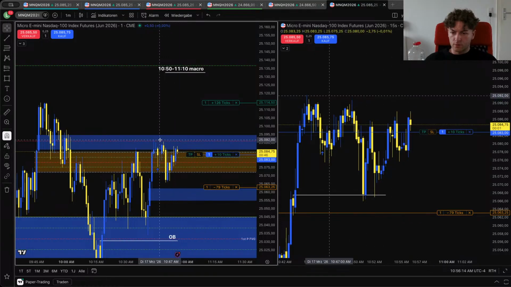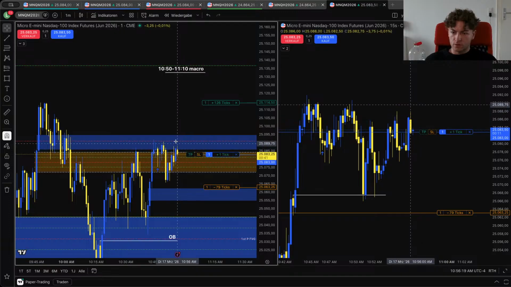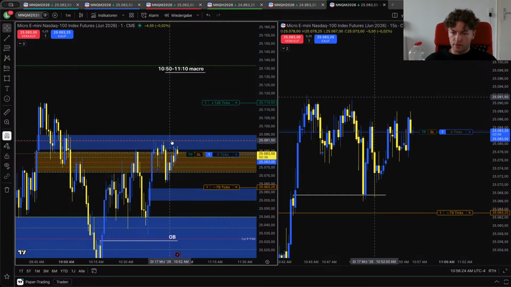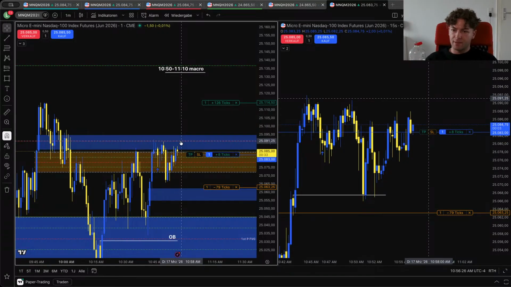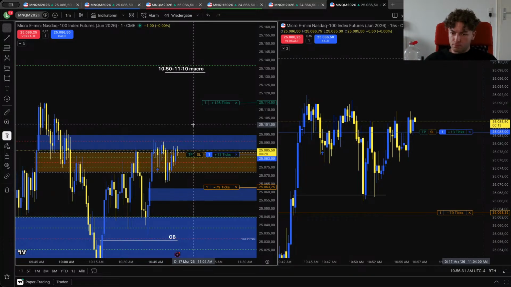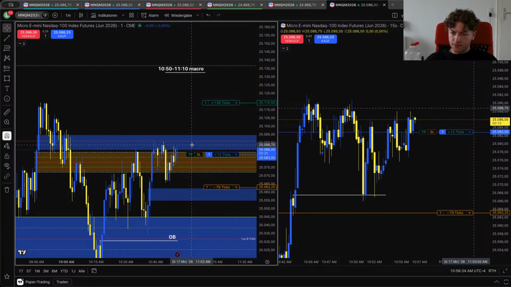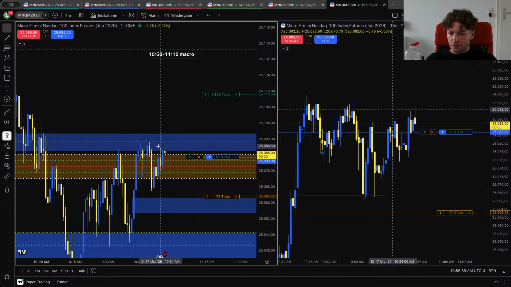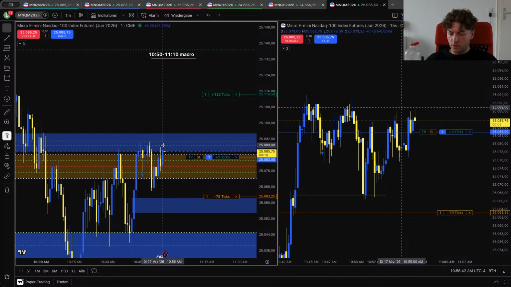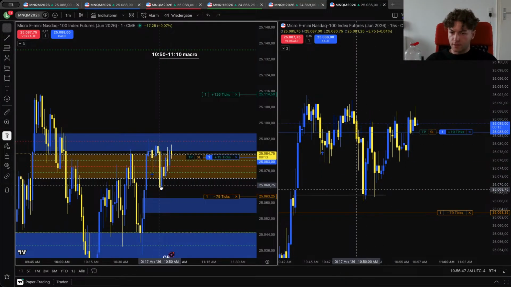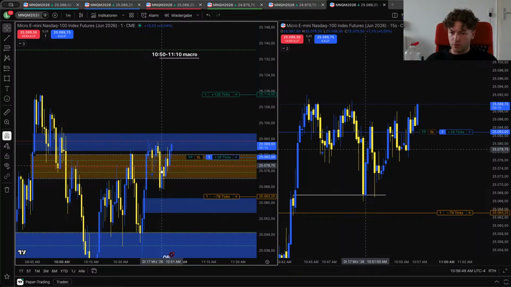I want to see a close above these highs, and ideally also a close above this fair value gap's midpoint, and also this red line, which is Thursday's opening range gap midpoint. So let's see. Now we traded through this open level, so that would be validating this entire order block as a valid order block.